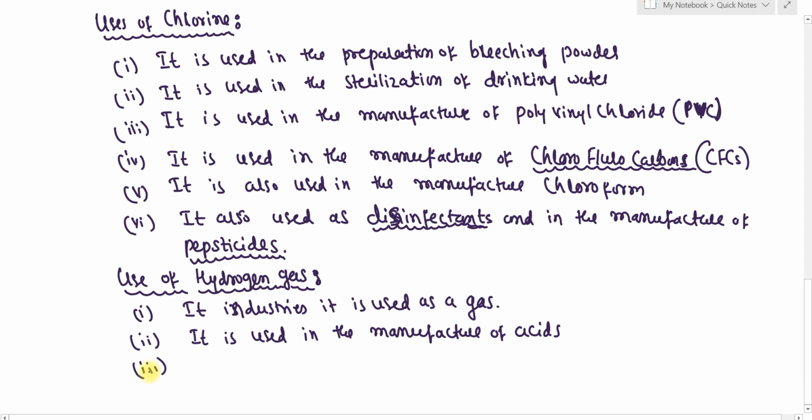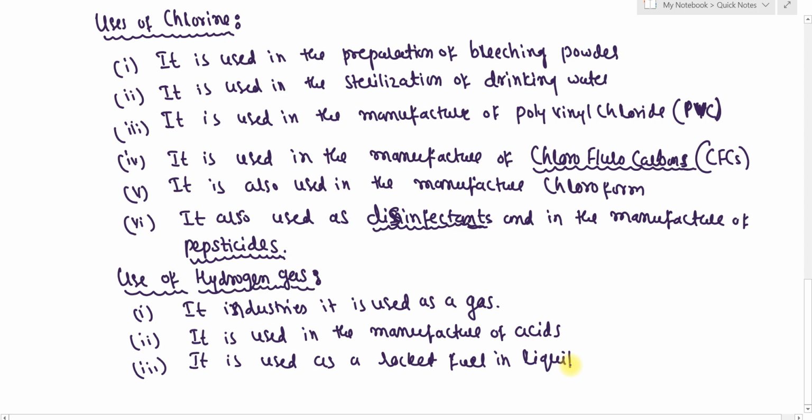Then another important use of hydrogen is that it is used in the manufacture of alcohols like methyl alcohol and ethyl alcohol.